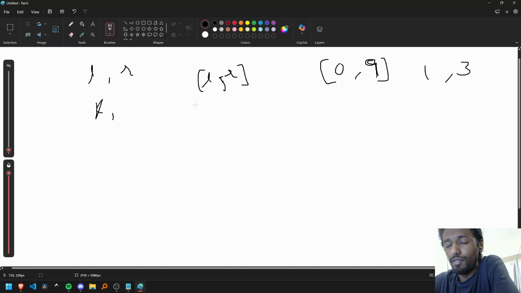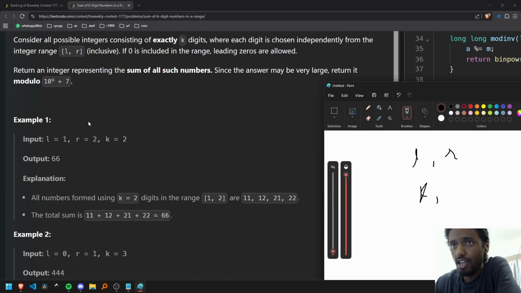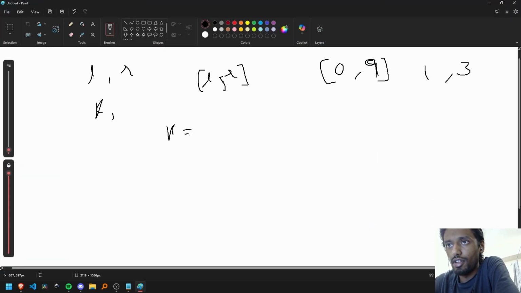Now what we want to do is find the number of numbers. Let's say for this example, I'll explain with examples only. K is 2, L is 1 and R is 2, right? So K is the number of digits in our number and L and R is the range of the digits. So for L equal to 1 and R equal to 2, any 2-digit number where the digits are in this range would be valid.